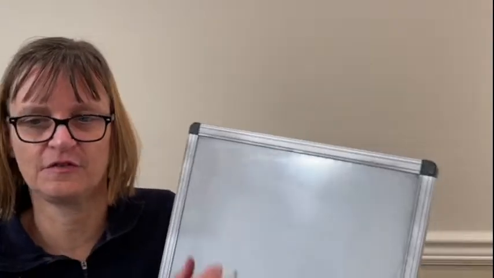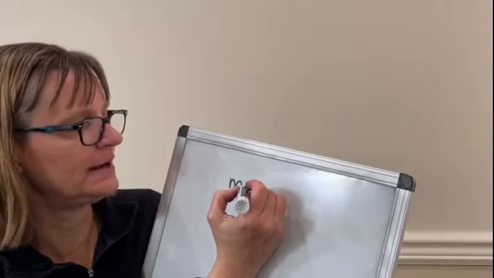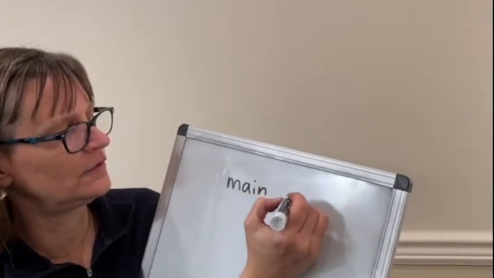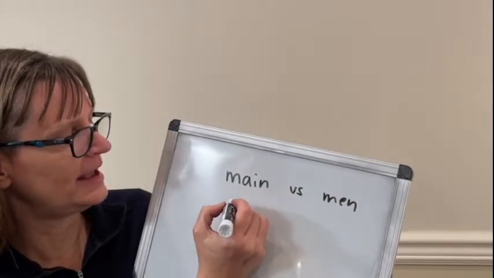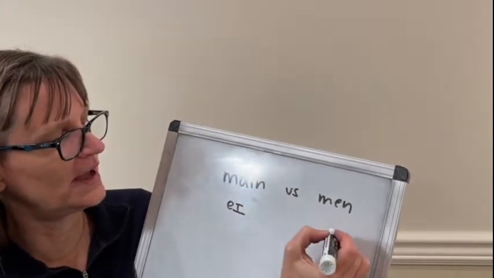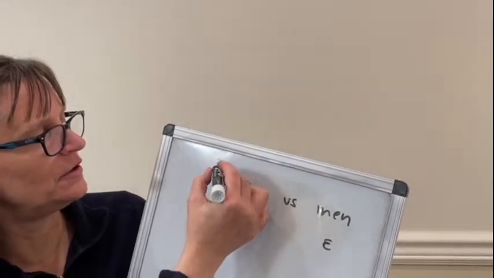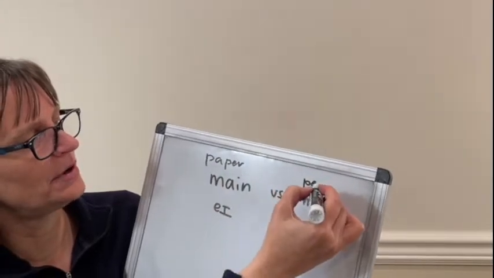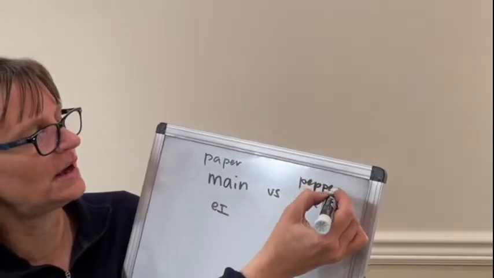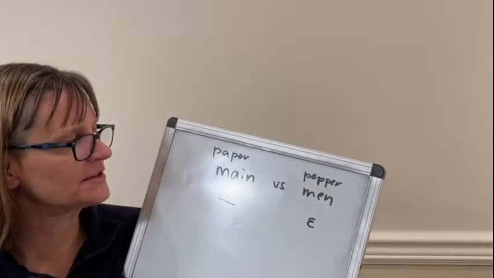We have a question about Maine versus men. So here we have our A diphthong, and here we have our vowel. I do have a video about paper versus pepper, which I think you would find helpful for these words and these vowel contrasts.